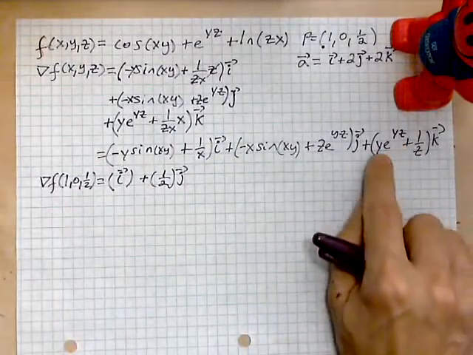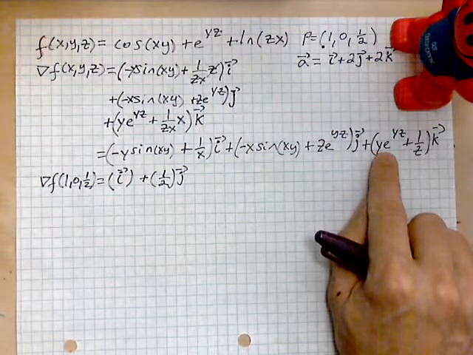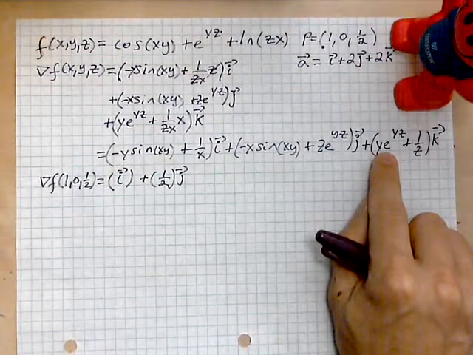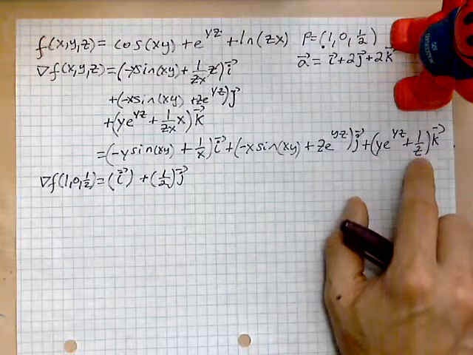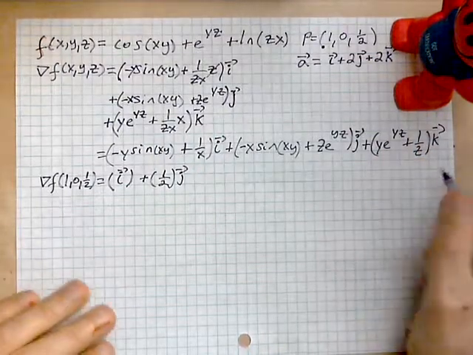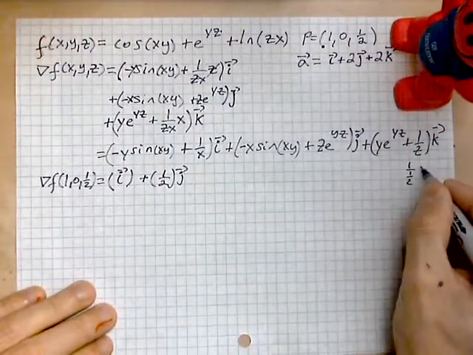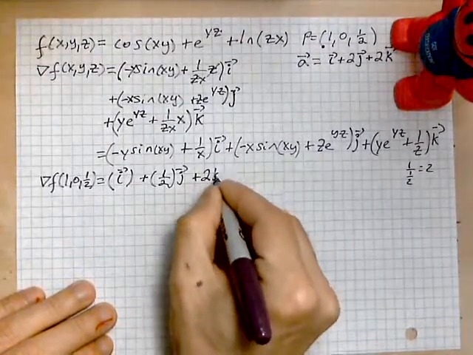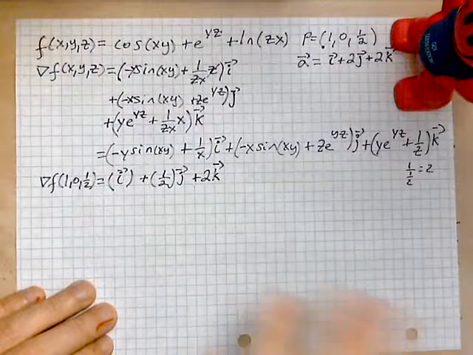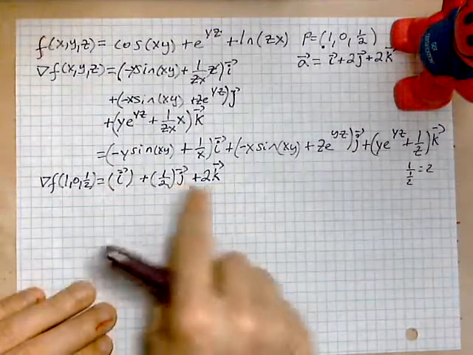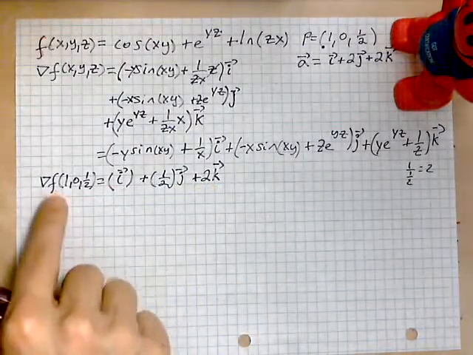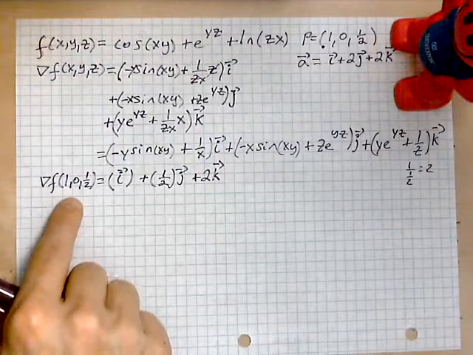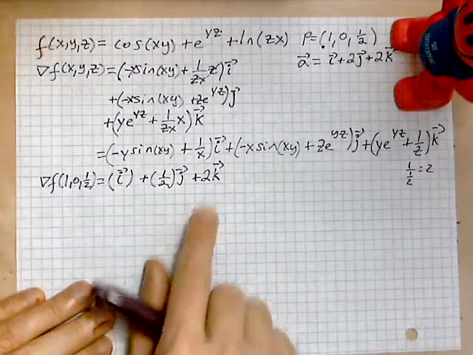So firstly, if you place the y in front of the e, that makes that whole term equal to 0. So it goes away. Then all you have is 1 over z. So that's the same as 1 over a half, which is 2. So you end up with 2k. So this is the gradient vector evaluated at this point, 1, 0, 1 over 2.